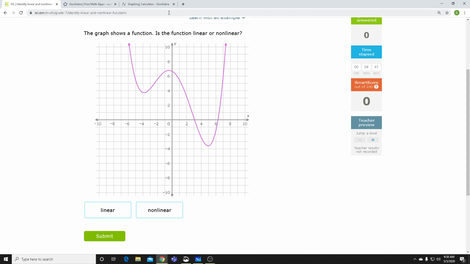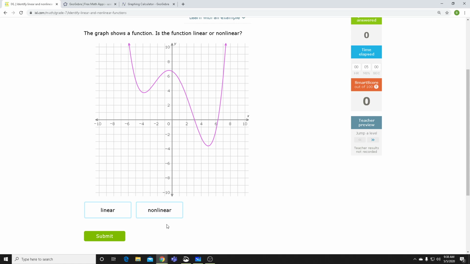So first off, the graph shows a function. Okay. So I could spend a whole week on what a function actually is, and if we have time for it this year, I might do that.